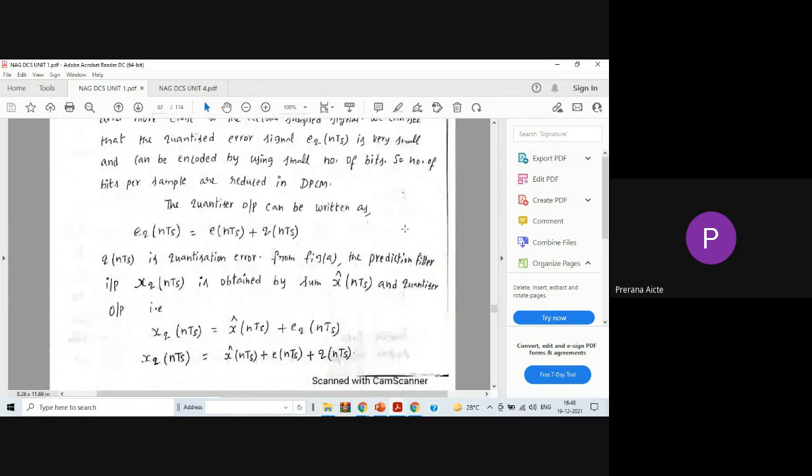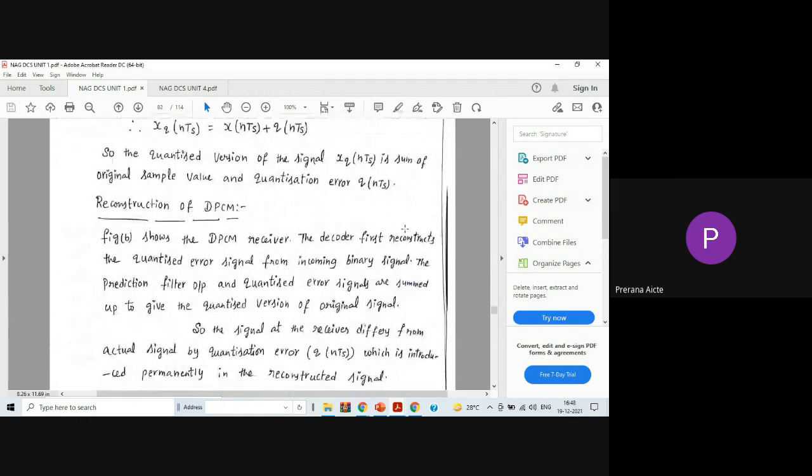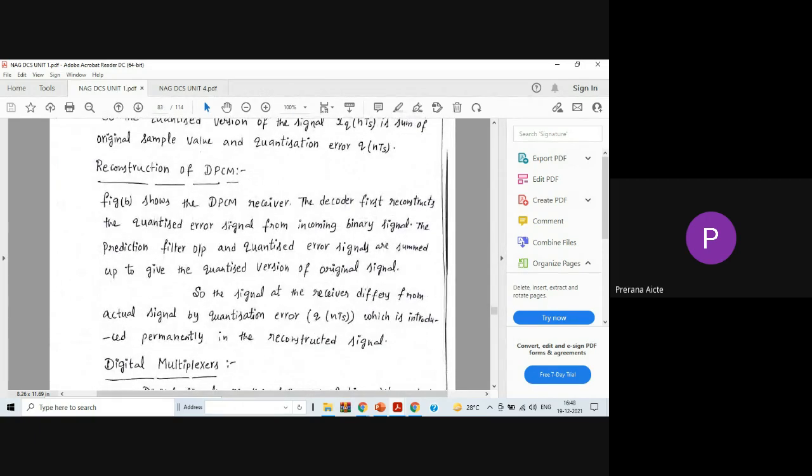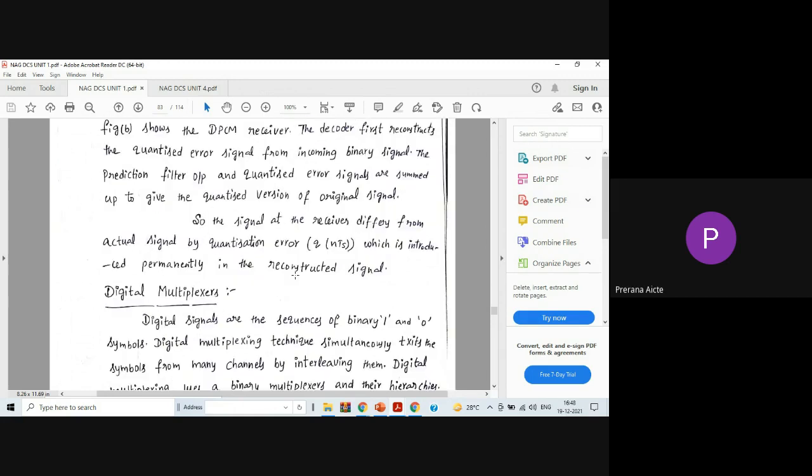The decoder reconstructs the quantized error signal from the incoming binary signal. The prediction filter output and the quantized error signal are added to give the quantized version of the original signal.